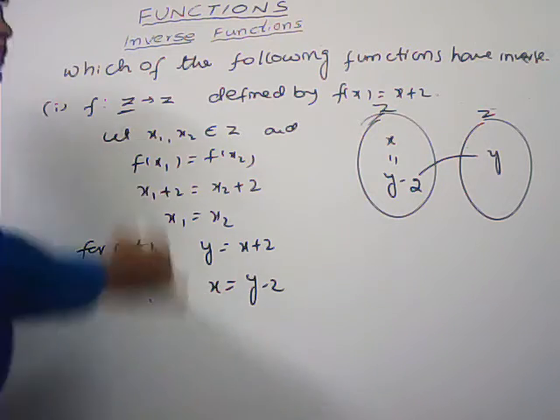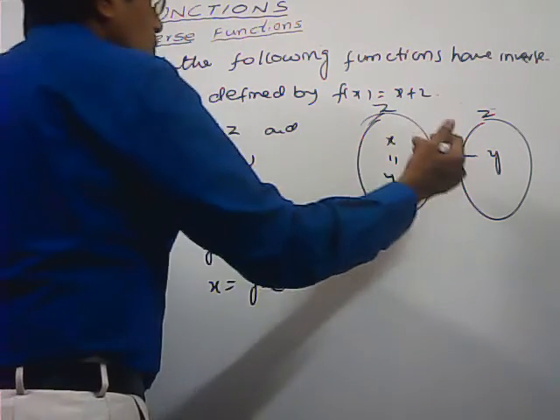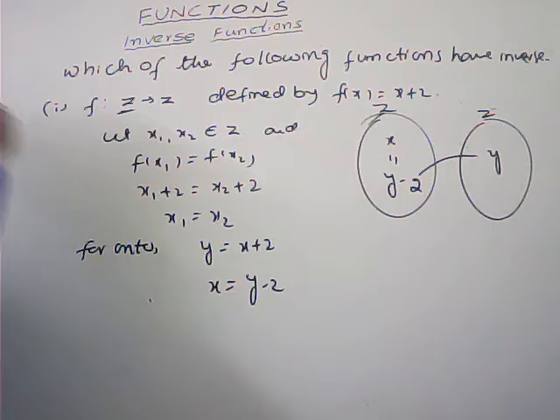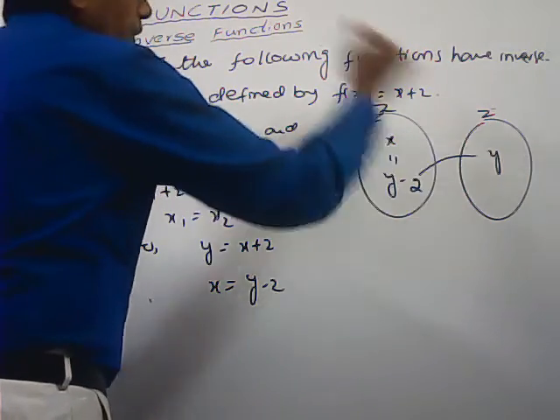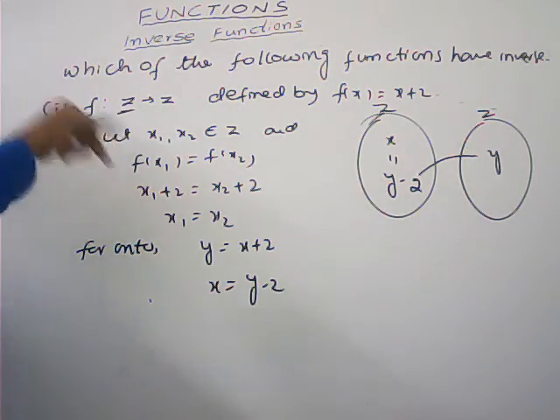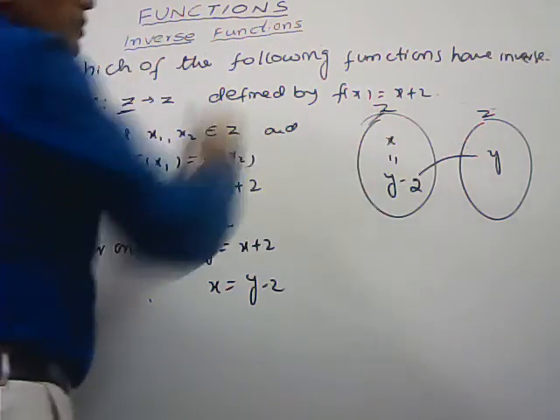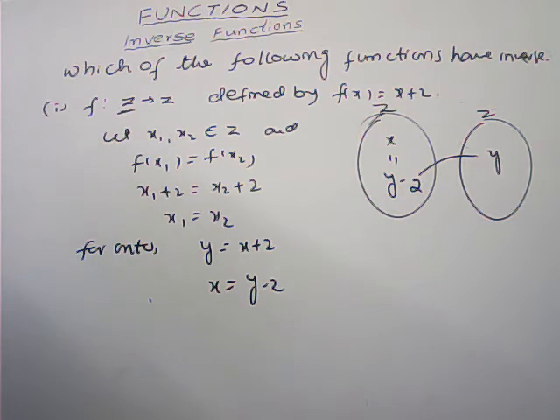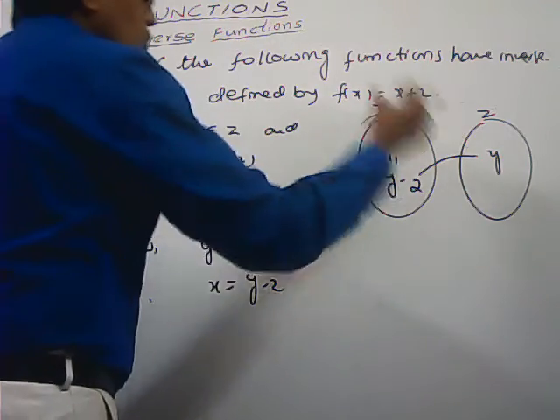What is the meaning of that? So here we can come to know that for every element in the codomain, there exists a pre-image. If for every element in the codomain there exists a pre-image, that one we say onto function.